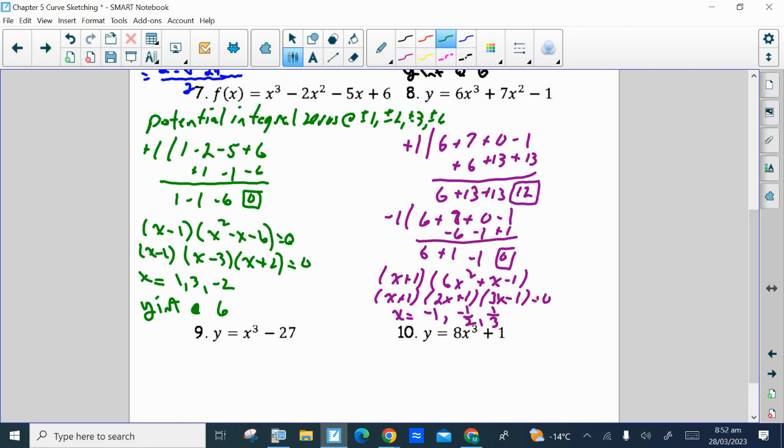And our y-intercept, again, is the constant term, which is negative 1.